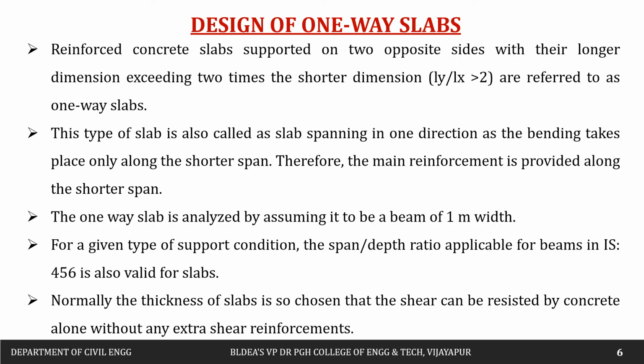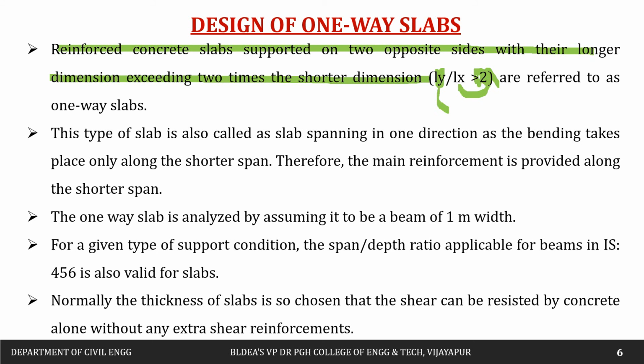Then next, let us see the design of one-way slab. Reinforced concrete slabs supported on two sides with their longer dimension exceeding two times the shorter dimension. Here Ly is the longer dimension. If you cross multiply, that is two times the shorter dimension.